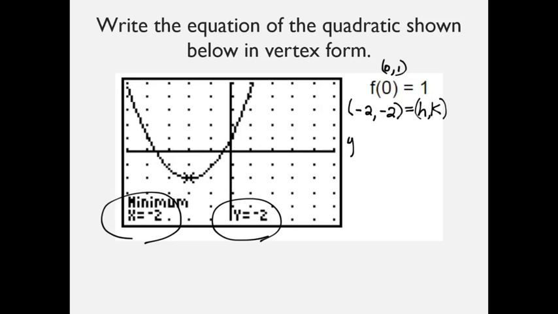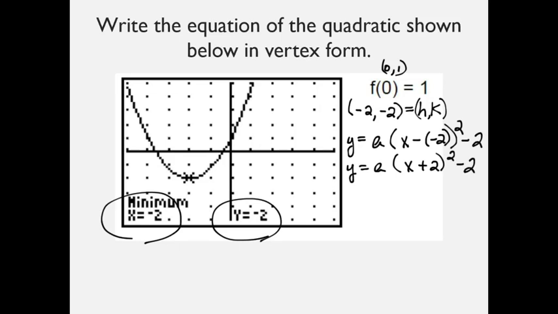So I have y equals a times (x - (-2)) squared minus 2. Or y equals a times (x + 2) squared minus 2. Now I'm going to use the point (0, 1).